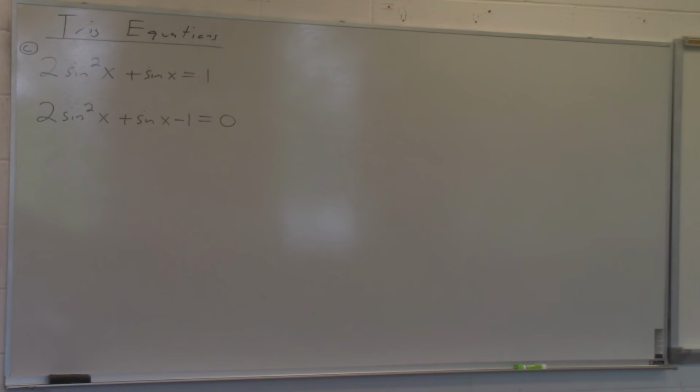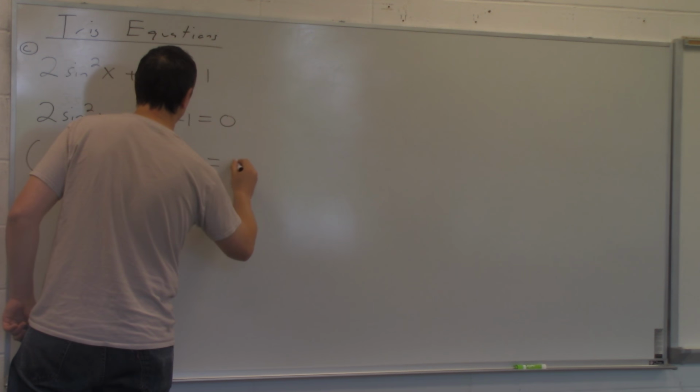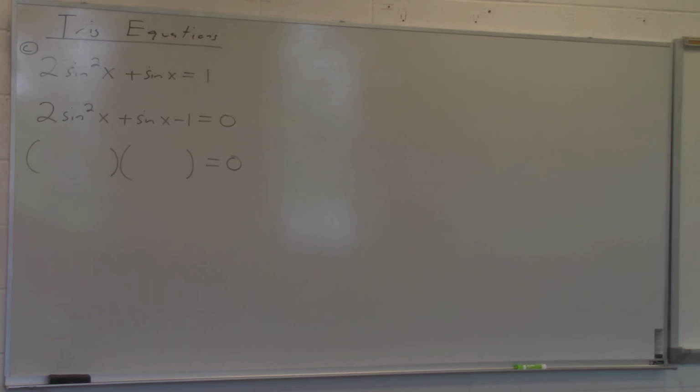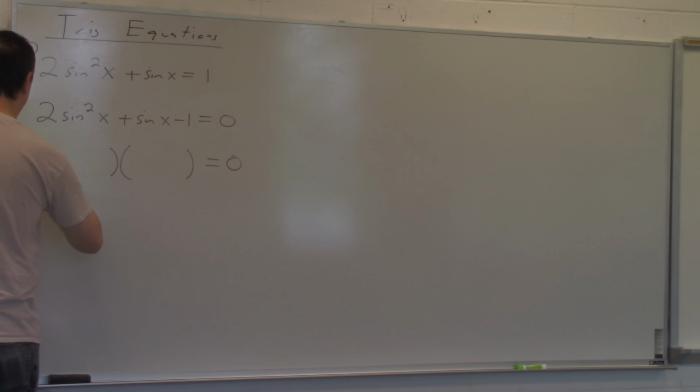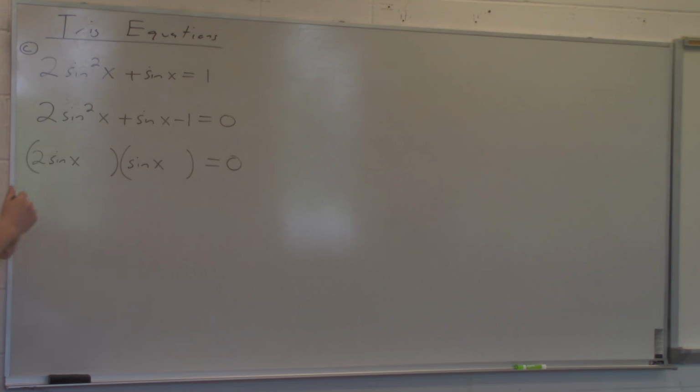And what we're going to do is we're going to factor this. Now, I don't want you to get too scared of this. Let's think of it like it's just a sine squared. If I have to build 2 sine squareds of x, well, I needed 2 sine x, and then I just need a sine x.